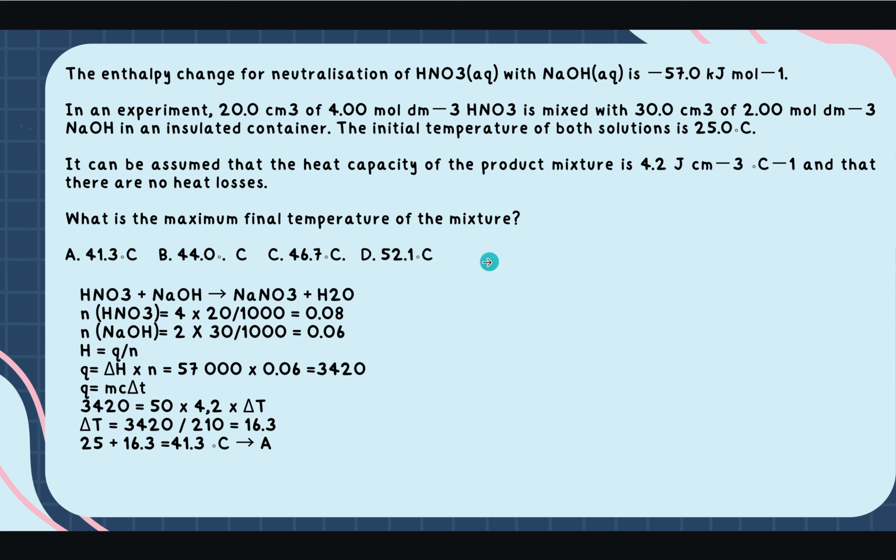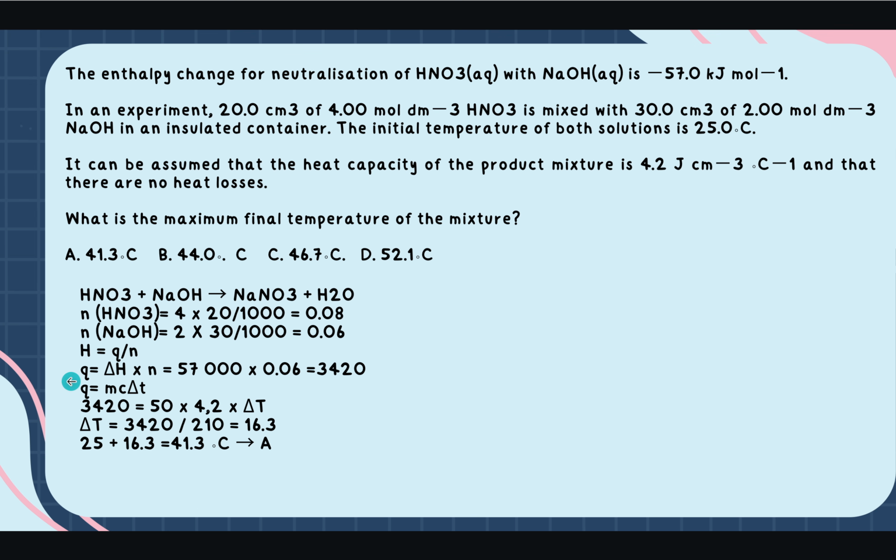To solve this question, first we write the reaction, which is this, and then we find the amount of substance of HNO3 and NaOH with the formula molarity times volume. These are the results. Because 0.06 is the smallest amount, that is what we're going to use.